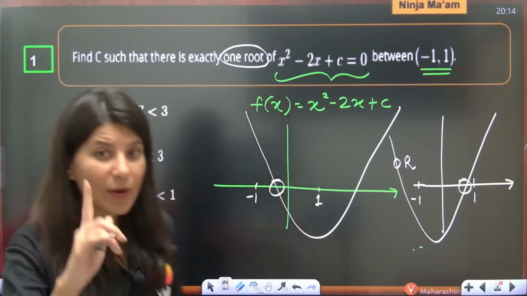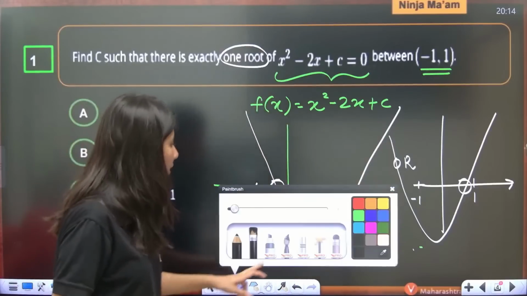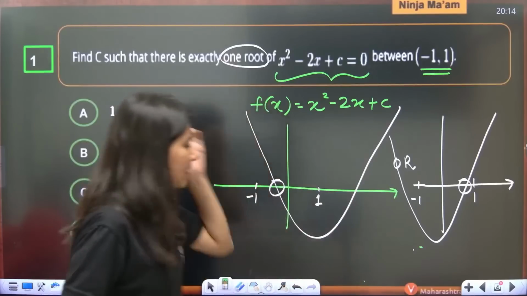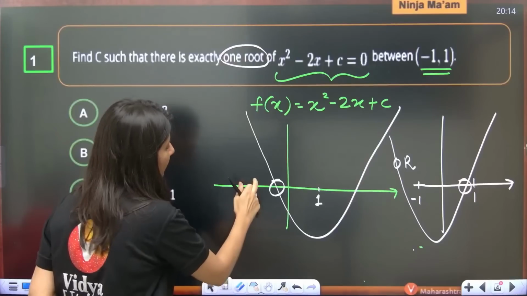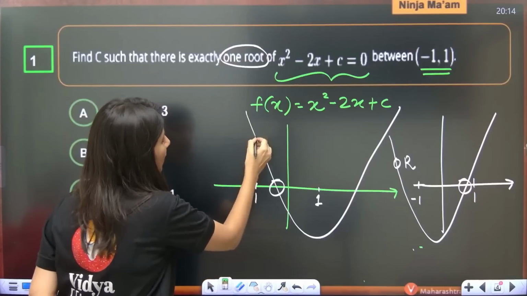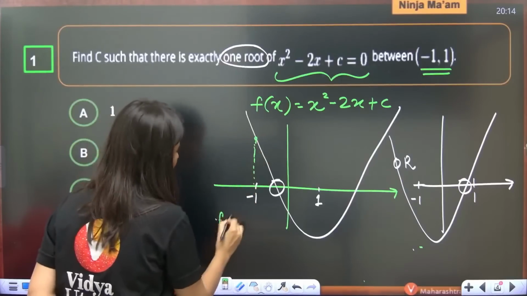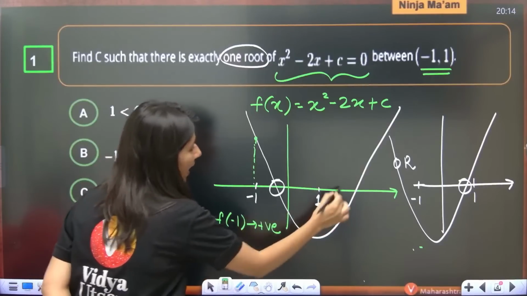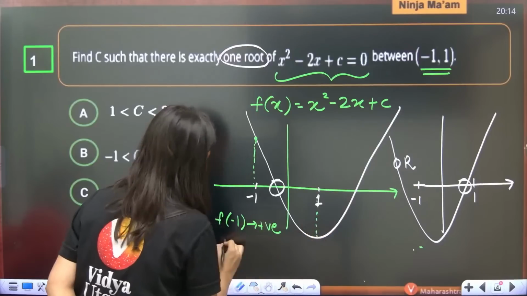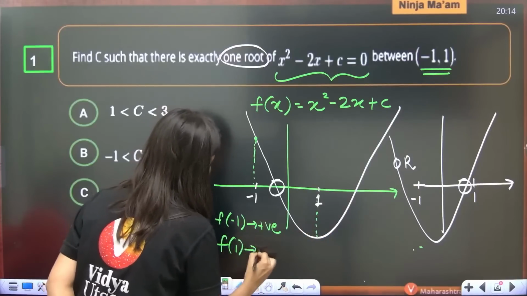Everybody, yes? Now understand, this is a very good question. In this graph, at x = -1, f(-1) is positive, and f(1) is negative.